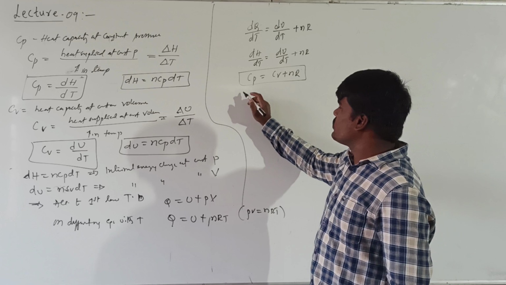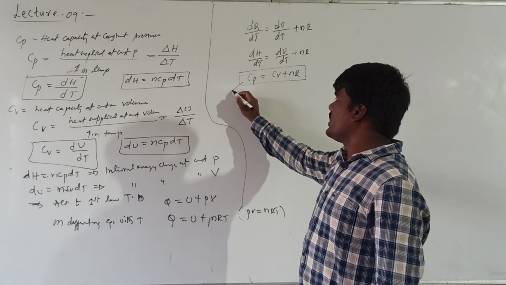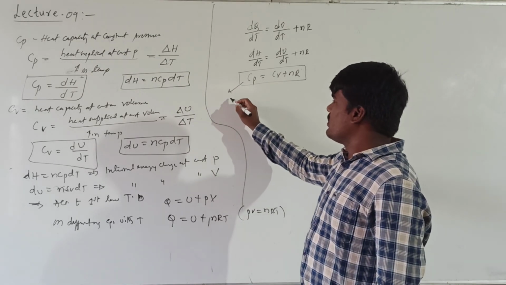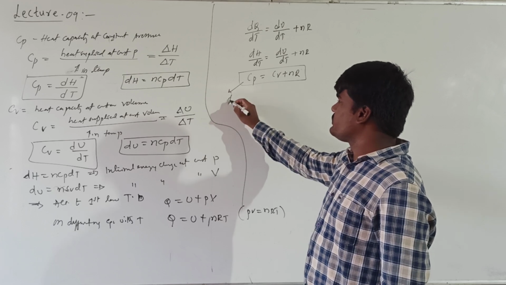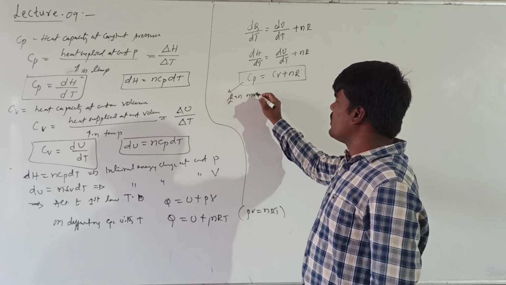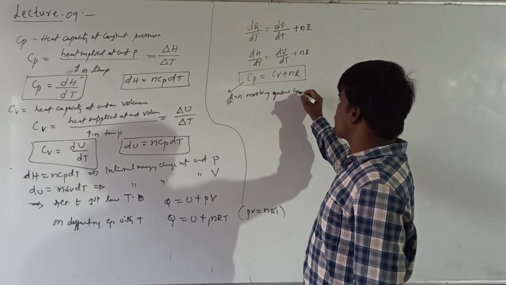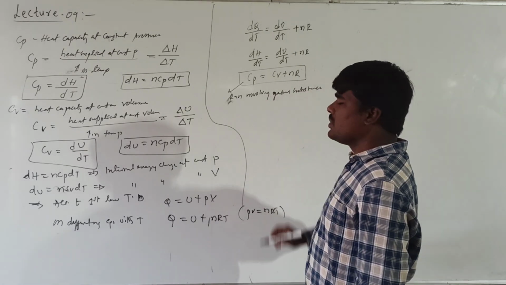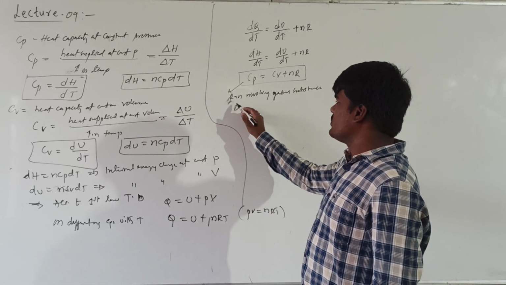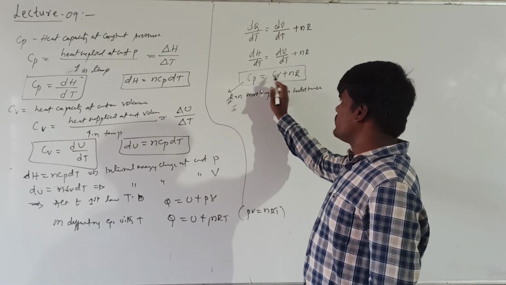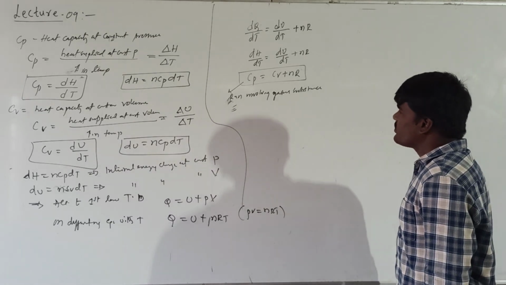This is only applied for reactions involving gaseous substances. The relation between Cp and Cv is Cp equal to Cv plus nR.